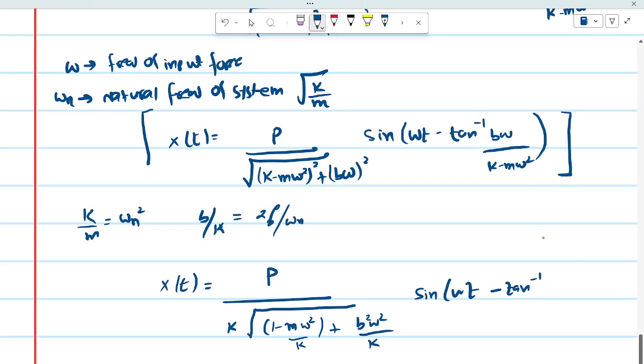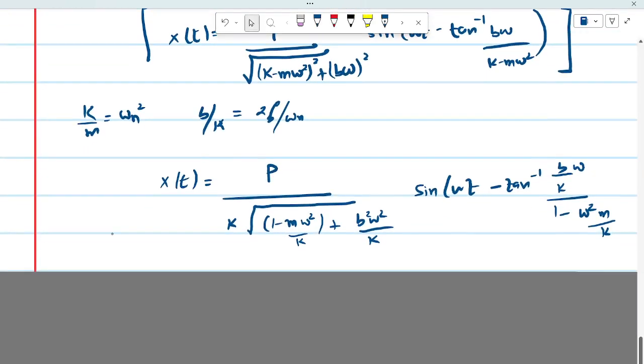We can again take k as common. So here that will become b over k into omega, over 1 minus omega square into m divided by k. And we can further simplify this.